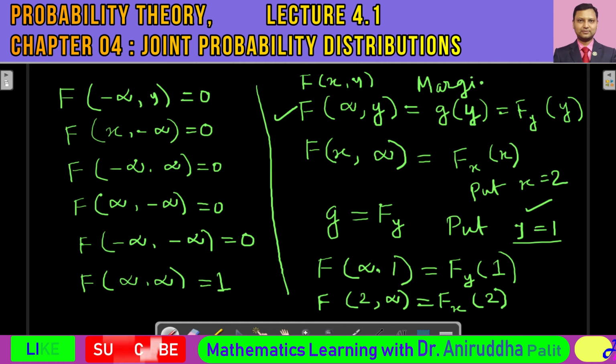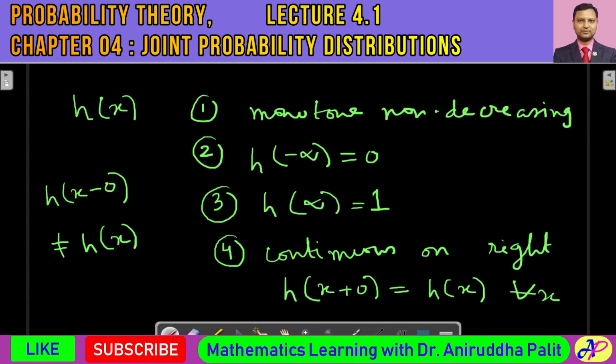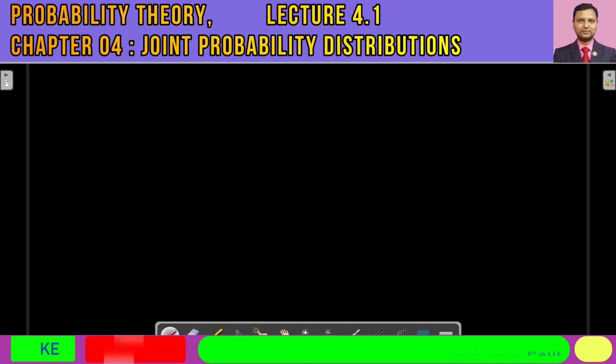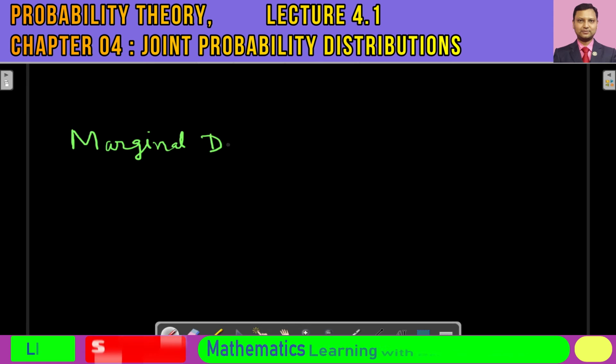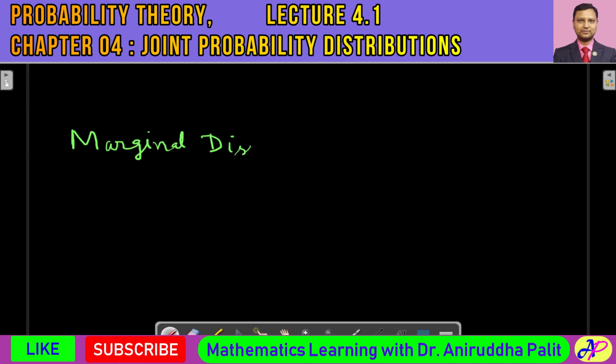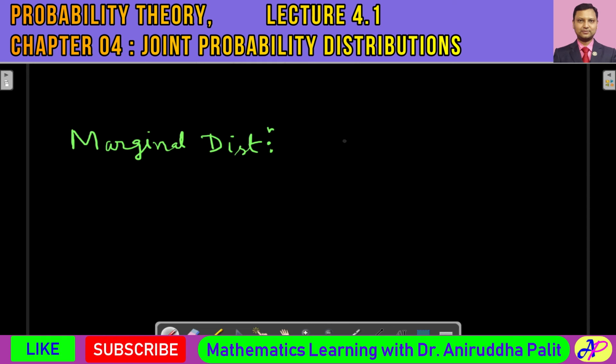Corresponding distributions are called marginal distributions. So we have the marginal distribution of x. Let me write it in shortcut like this: marginal distribution. The marginal distribution of x is obtained by this kind of function.